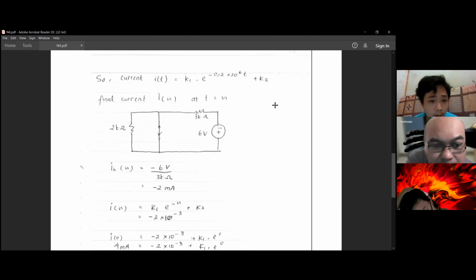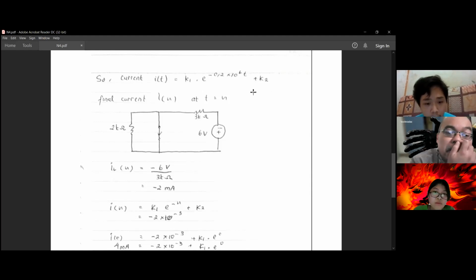After we use I when time is infinite, the current will be negative 6 over 3k, because the I direction should be upward, so it is negative. So the I when time is infinite is negative 2 milliampere.